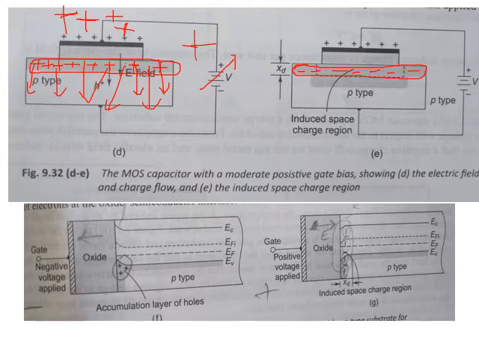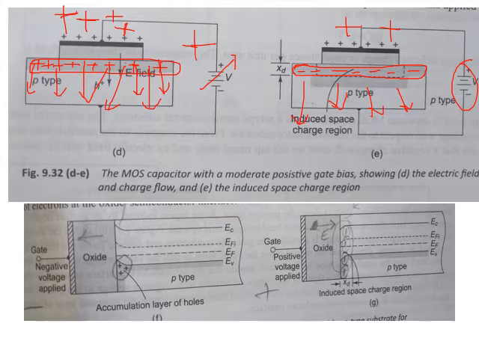So here all the holes were coming previously and now they have been repelled. I am applying positive potential. Correct? Because of that positive potential, holes have already been repelled away, right? But what is left here?